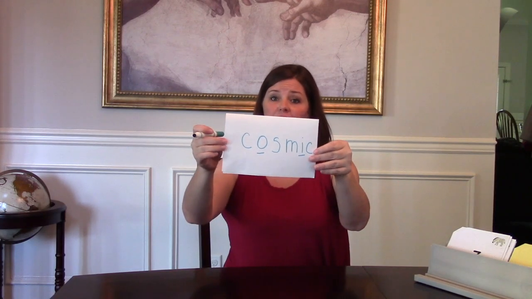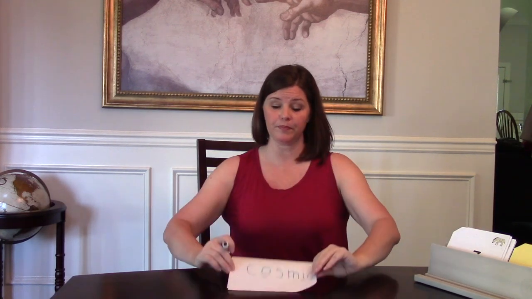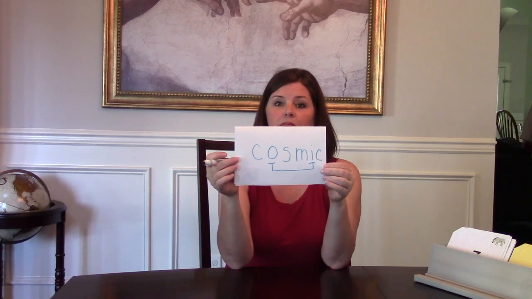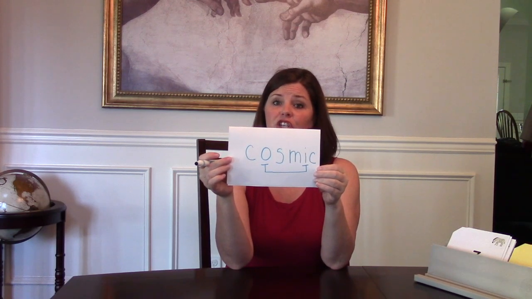Next, we draw a bridge from our vowels. After we've drawn a bridge, we label our letters that fall within that bridge. So we have a vowel, consonant, consonant, vowel.